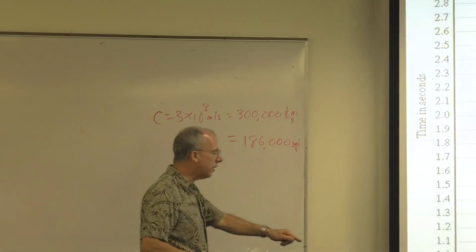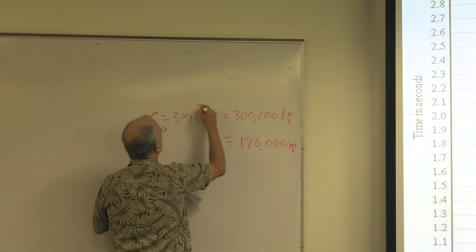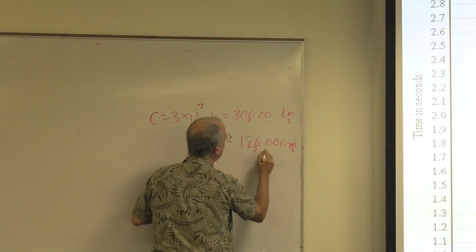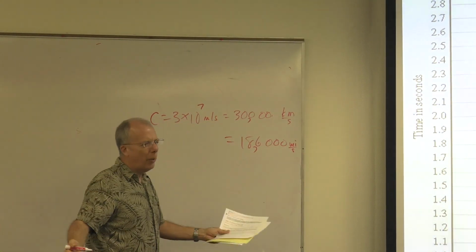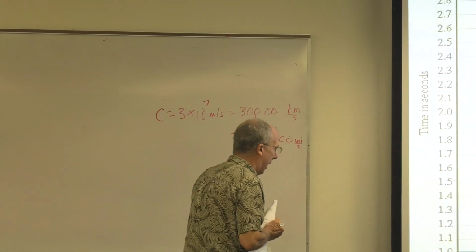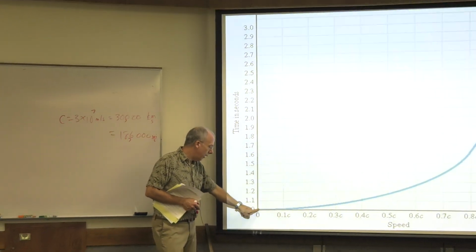So 1/10 of the speed of light would be 3 times 10 to the 7th meters per second, which would be 30,000 kilometers or 18,600 miles a second. We don't have anything that goes that fast. We don't have anything that goes anywhere near that fast. So our fastest missiles, anything, we're down here.